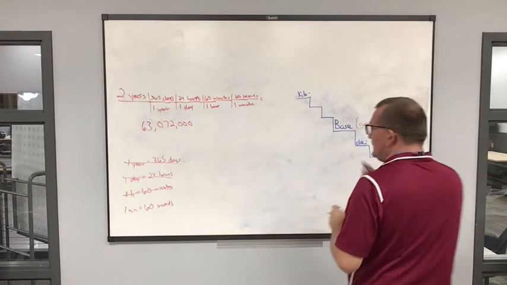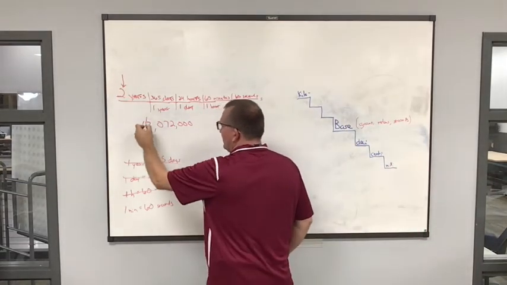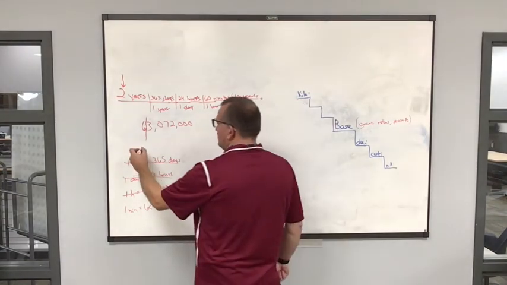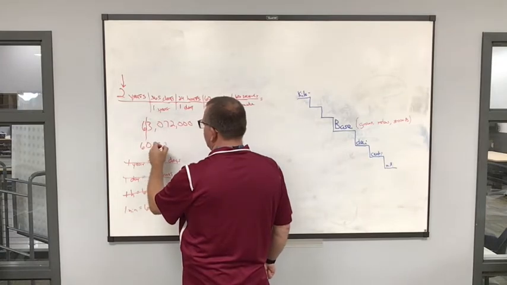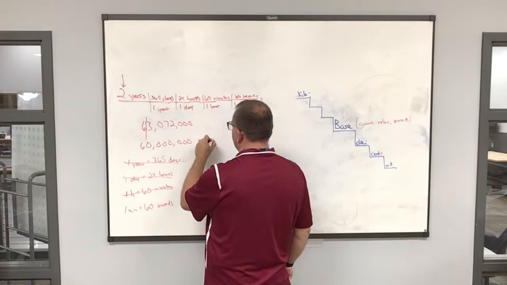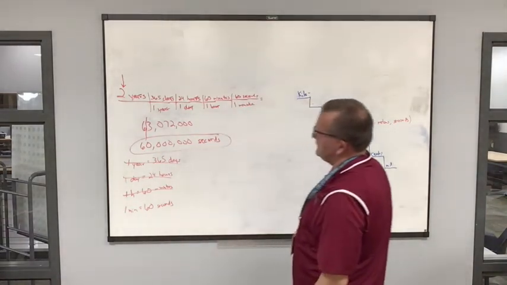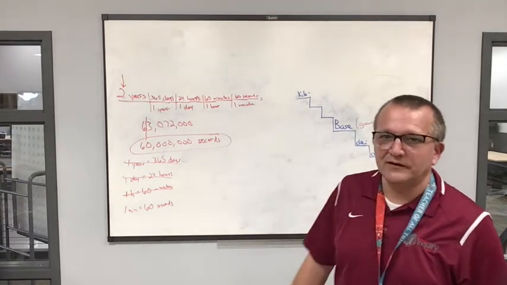Now looking at this number, I look at my first number here, 1 sig fig, so I want to round to here. The 3 tells me to leave it alone. I put a 6, but that's in the 10 millions place, so I have to drop 0, and 2 years is 60 million seconds, rounded to the correct number of sig figs.